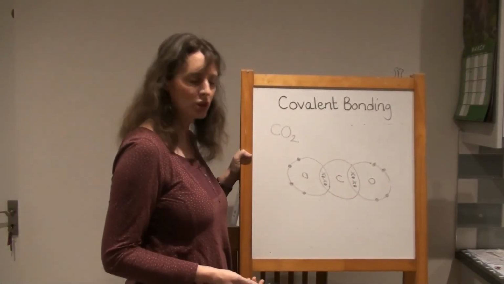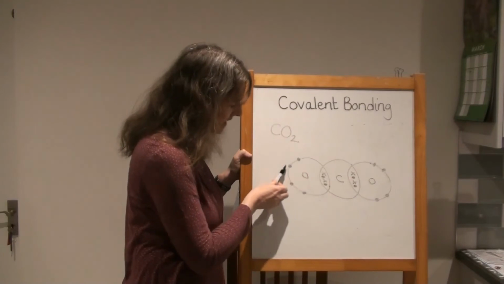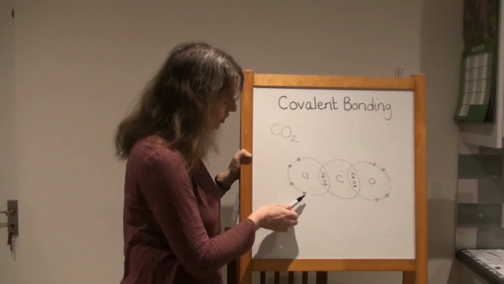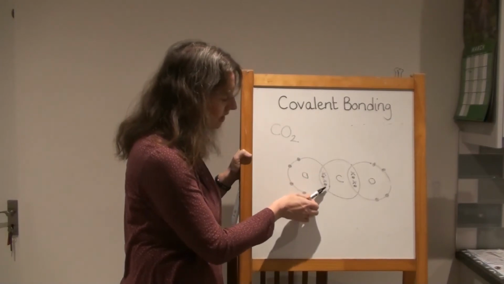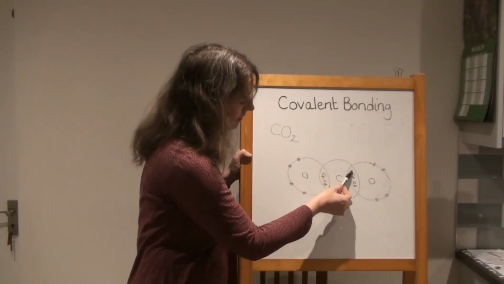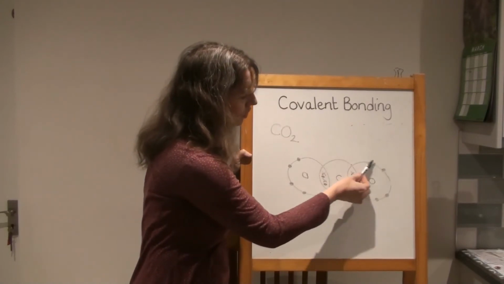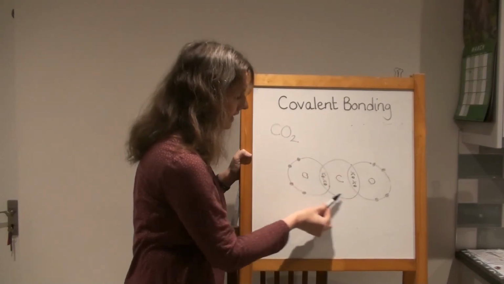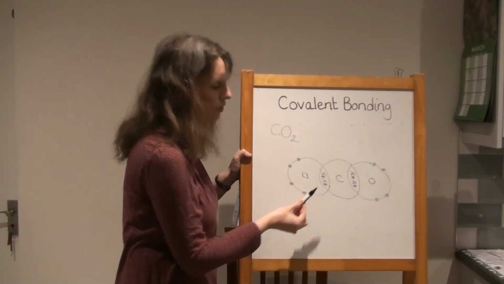Now we have a double check. We have a total of 8 here, 4 non-bonding electrons and 4 that are involved in the bonding, and the same for the other side. 4 bonding electrons, 4 non-bonding electrons, totaling 8. And our carbon, of course, has 8, 4 and 4.